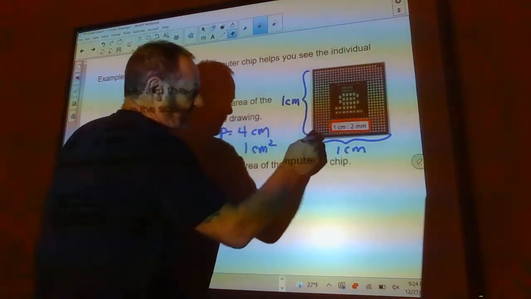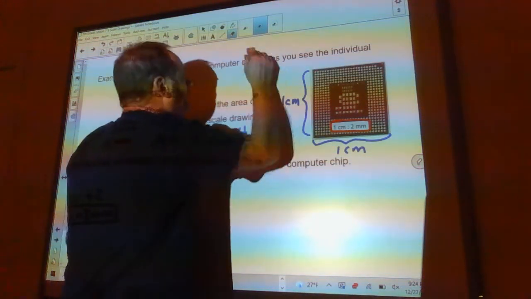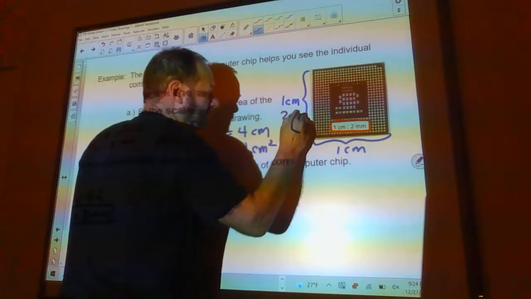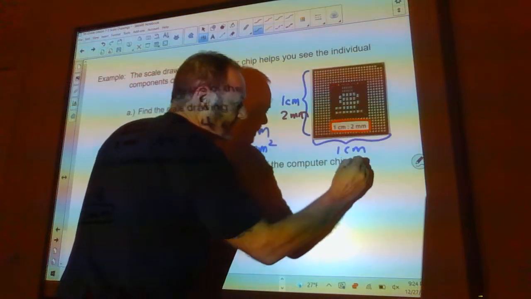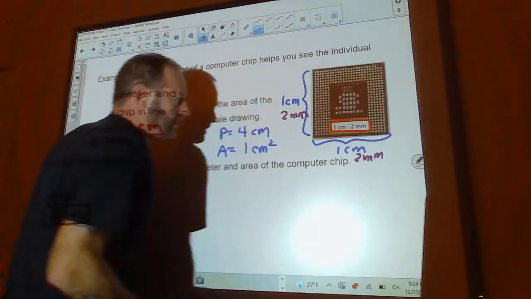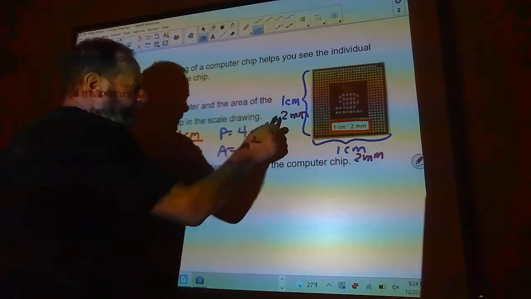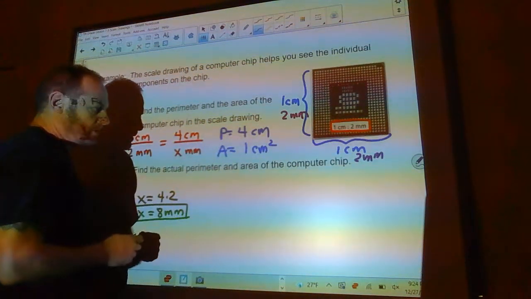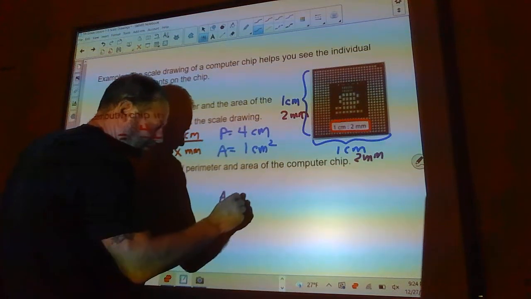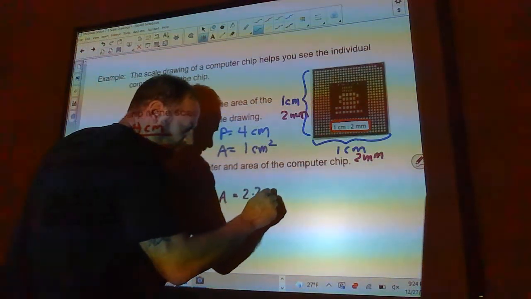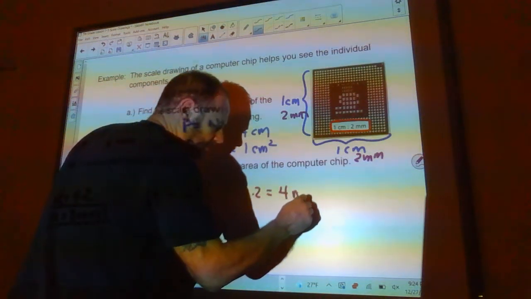So that means that each one of these is actually 2 millimeters on a side. Okay, so the area would be 2 times 2, which would be 4 square millimeters.